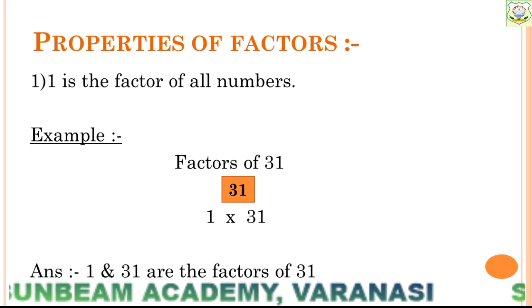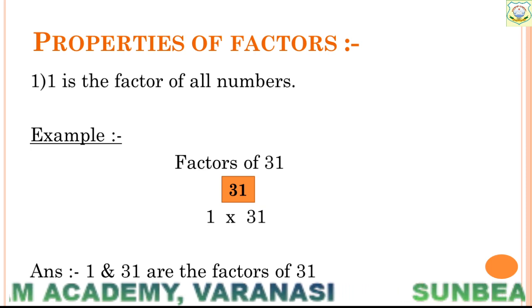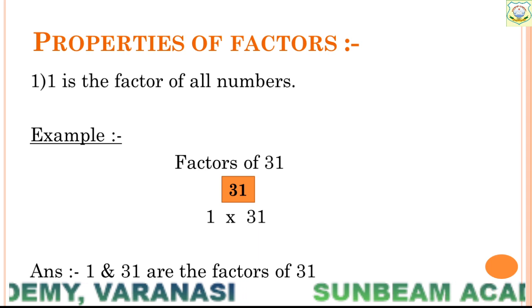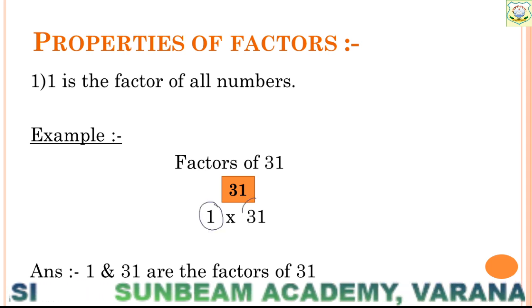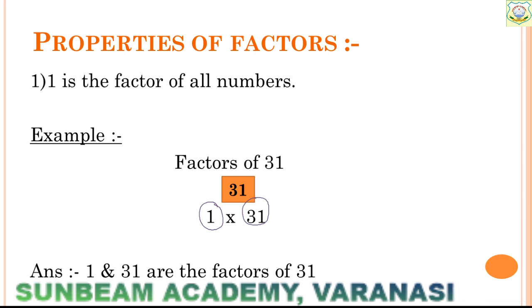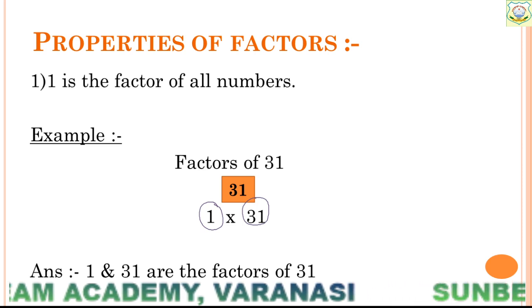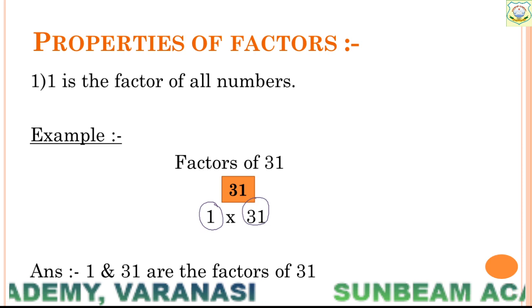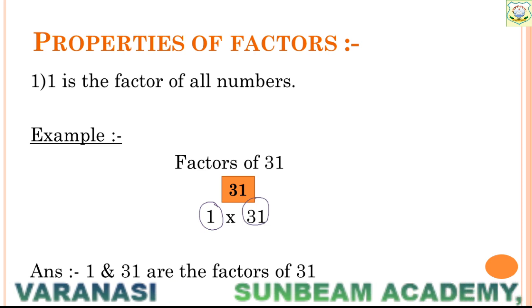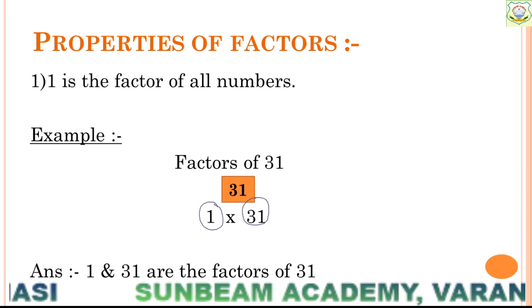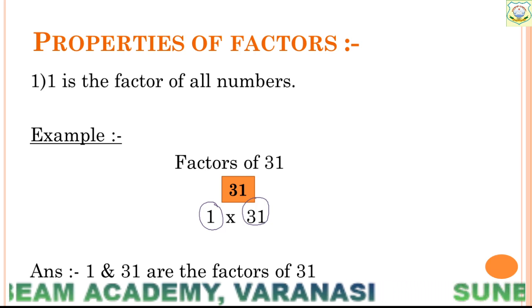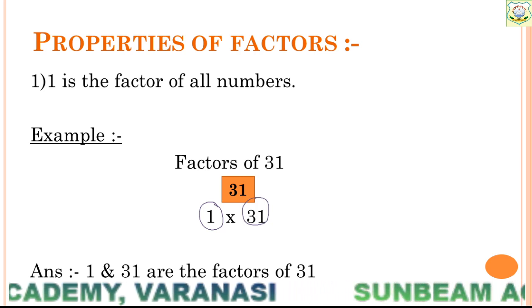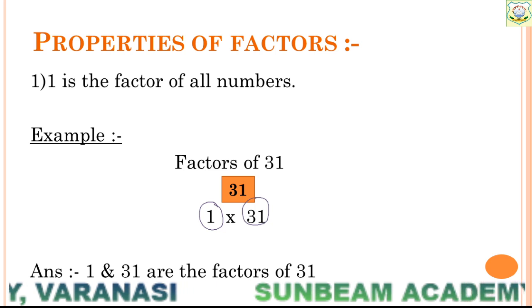As I have told you, 1 will be the factor of each and every number, because if there are 2 factors, then 1 will always be there, and the second will be the number itself, always. Basically it happens with the odd numbers, but not always.